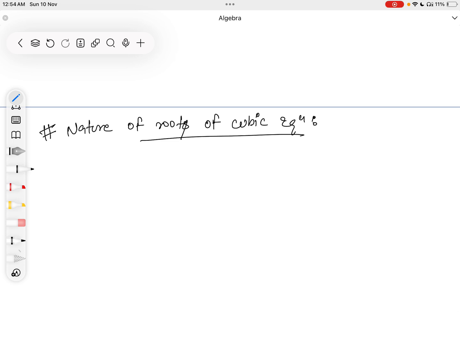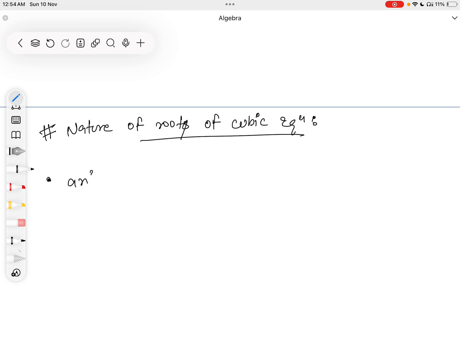But you may ask, Rupam, in the quadratic equation we had the discriminant. So with the help of b square minus 4ac, we could find whether the roots are real or imaginary, and if real, whether the roots are equal or different. So here also we have a similar thing.